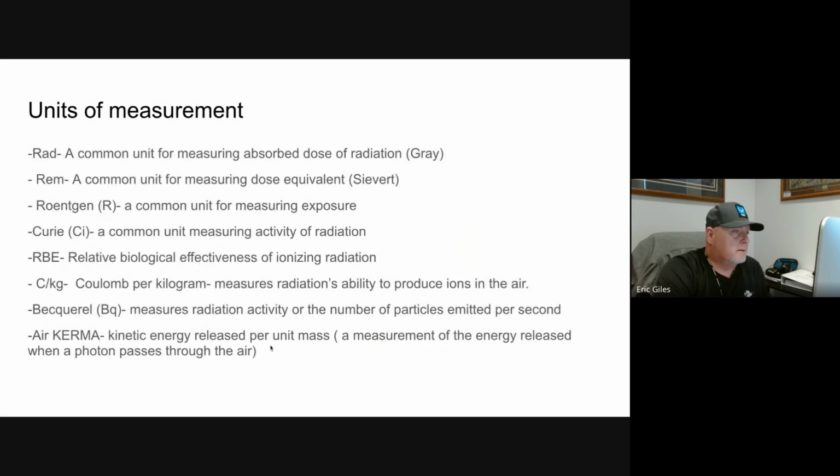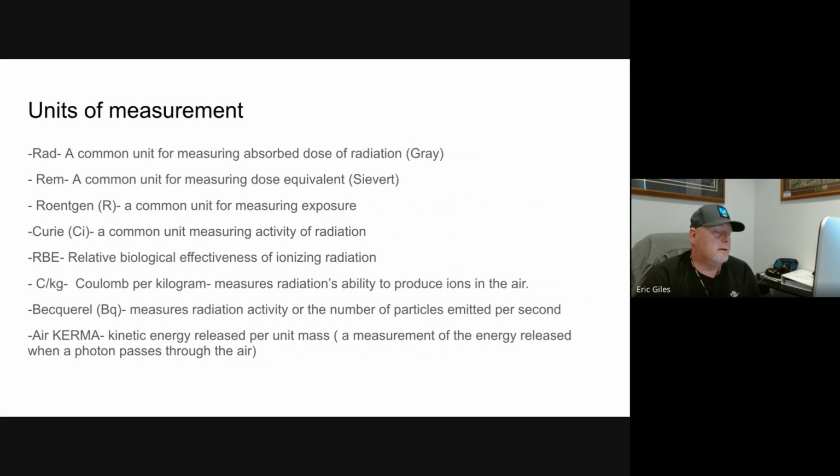A little more vocabulary here. So a rad, so these terms right here are a little more traditional. And a lot of them are the very same as an SI unit, but they're just named a little bit different. So we need to know that a rad is a common unit of measure for absorbed dose, or same thing as a gray.